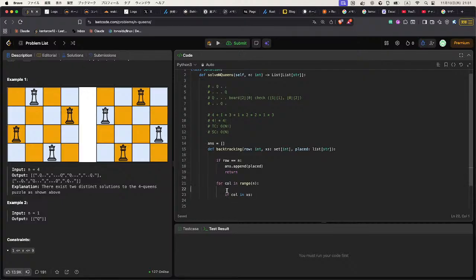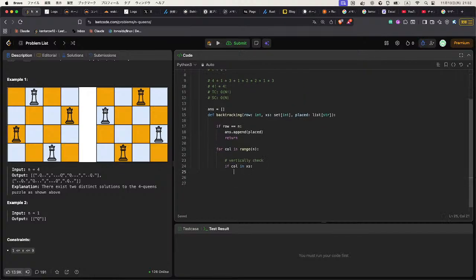So it means vertically check. The column where we are going to place it is in the XS, means we've already placed on that column, so we do nothing.